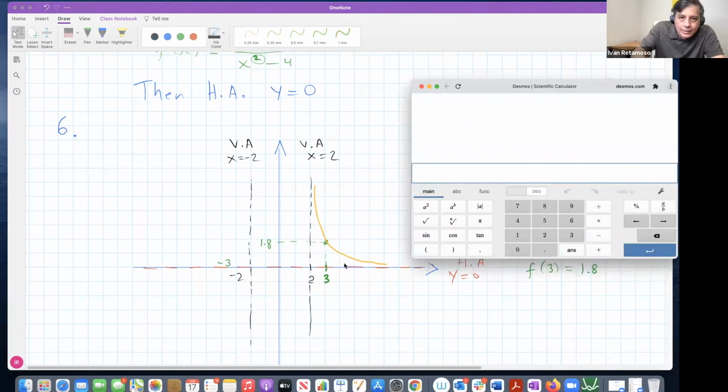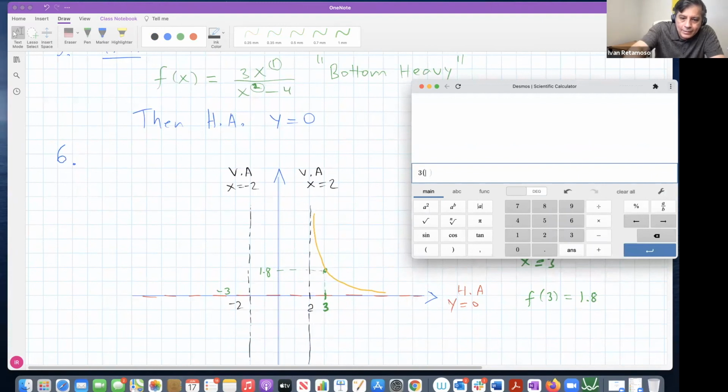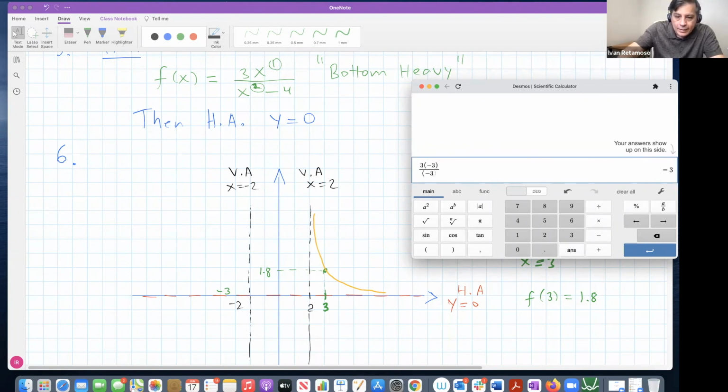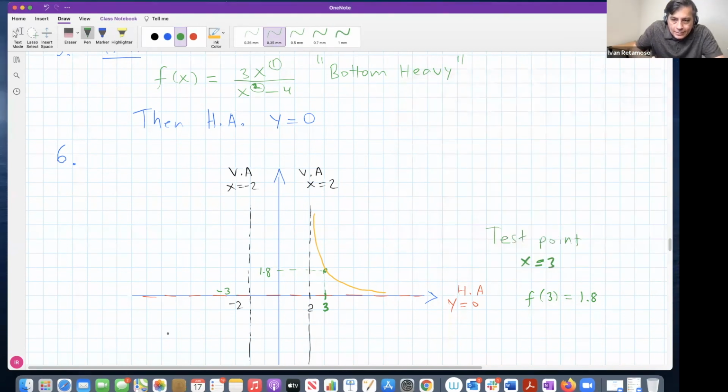The function is 3 times -3 now, divided by -3 squared minus 4, right? Great. -1.8. So the result of using our test point -3, f at -3, is -1.8.